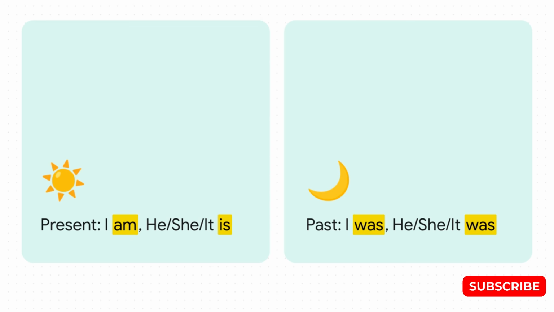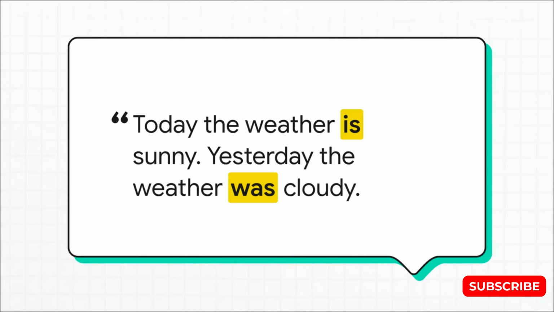So, I am happy becomes I was happy. It is cold becomes it was cold. It's just a simple switch. Here's a perfect way to see it. To talk about today, you say the weather is sunny. But if you're talking about yesterday, that is just flips to was. The weather was cloudy. Simple, right?